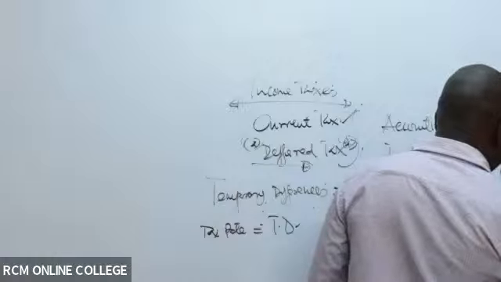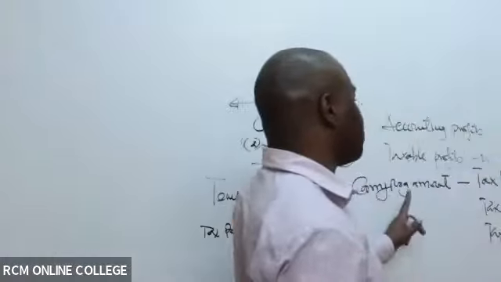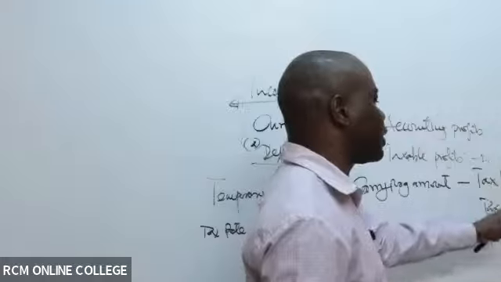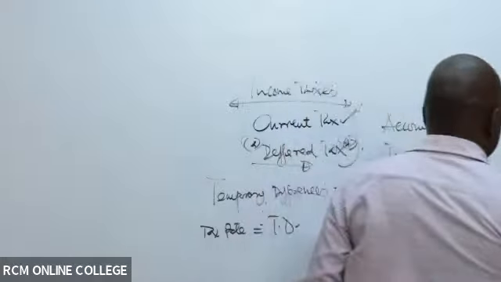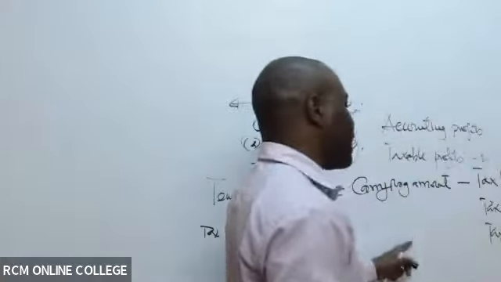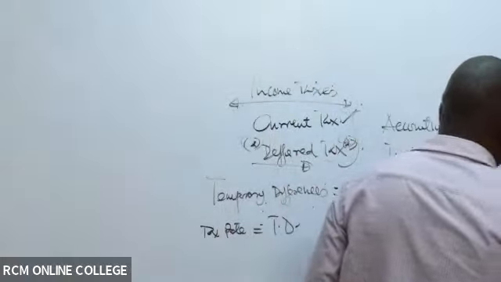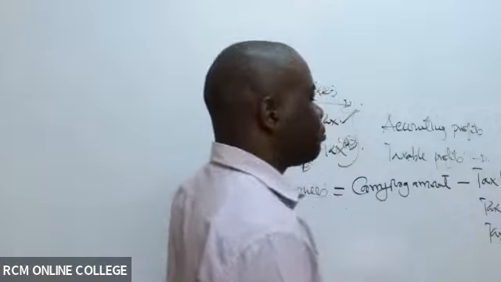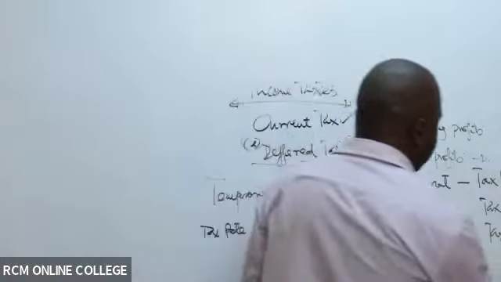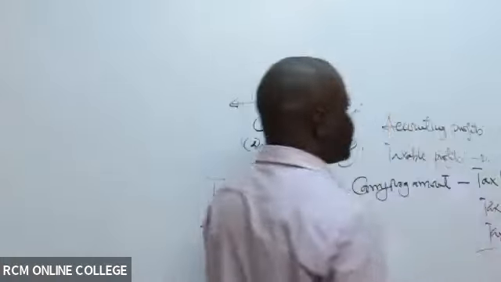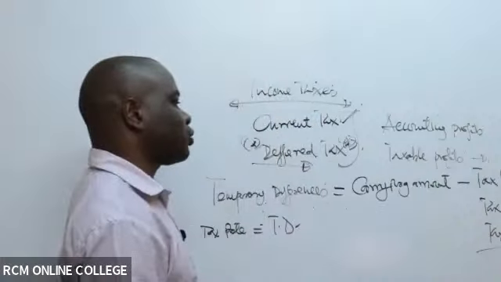When you get a positive difference, that will be a tax liability. When you get a negative, or deductible difference, it will lead to a tax asset. So that is basically what we learned in our previous class.